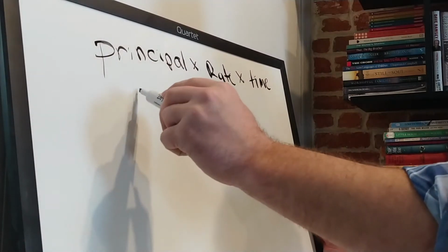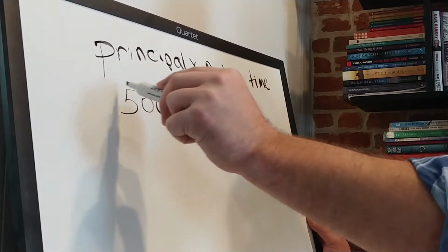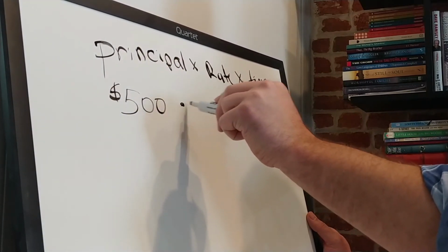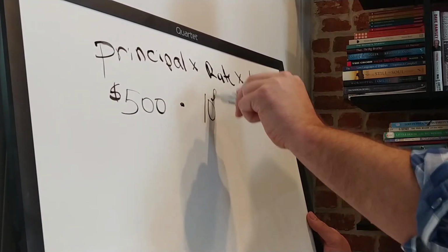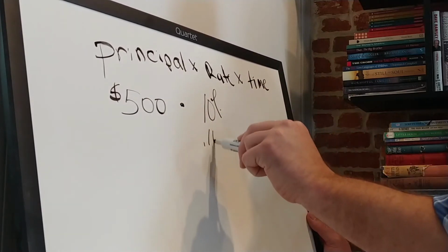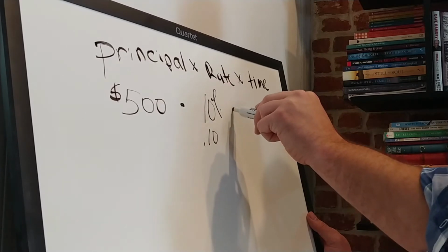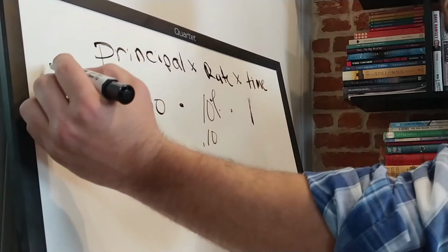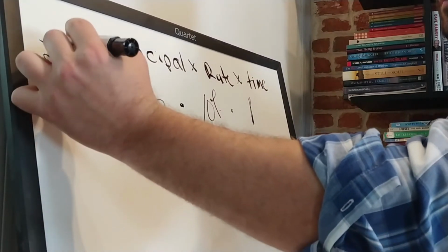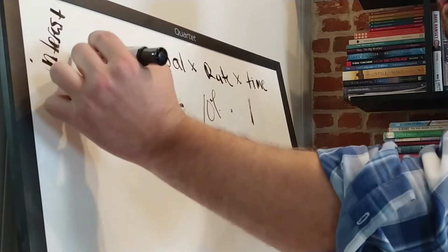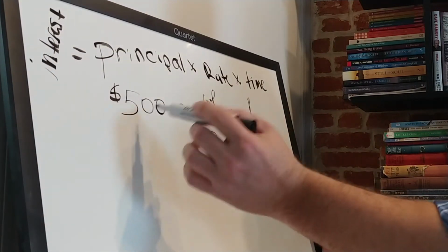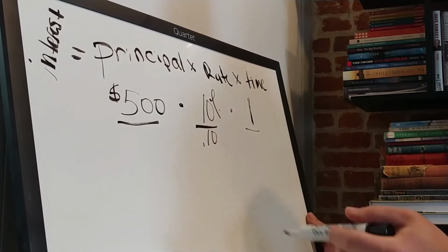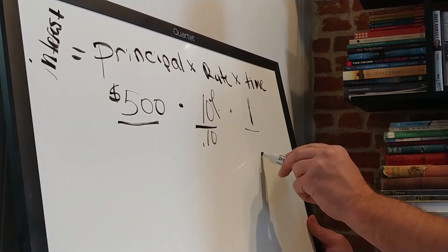So let's say you borrow $500 at 10%, or 0.10, for 1 year. Your interest will be principal 500 times rate 10% times 1, which is $50.